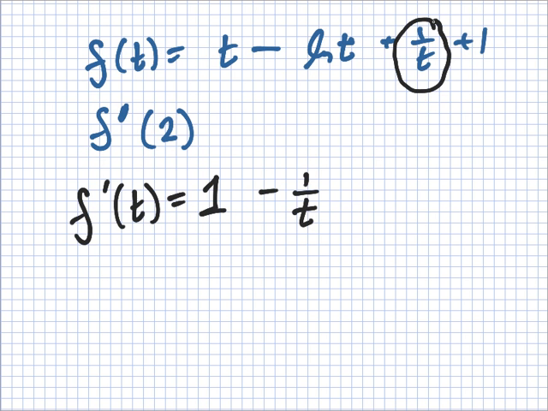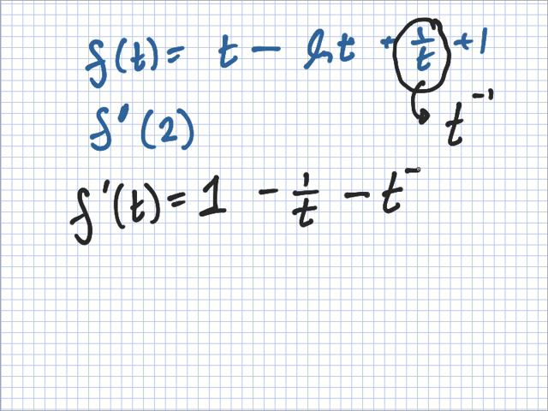Okay, so what do we do with this one if we want the derivative? You might think you need the quotient rule again because it's a fraction. But there's a little trick here. Who knows the little trick? You can change this into t minus 1, yeah. And now we can differentiate. So we bring the power down. And then what power do we get now when we reduce it by 1?